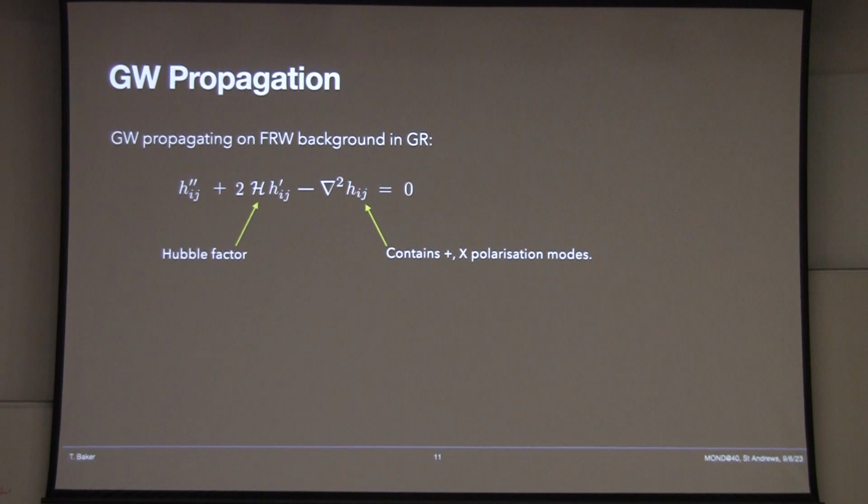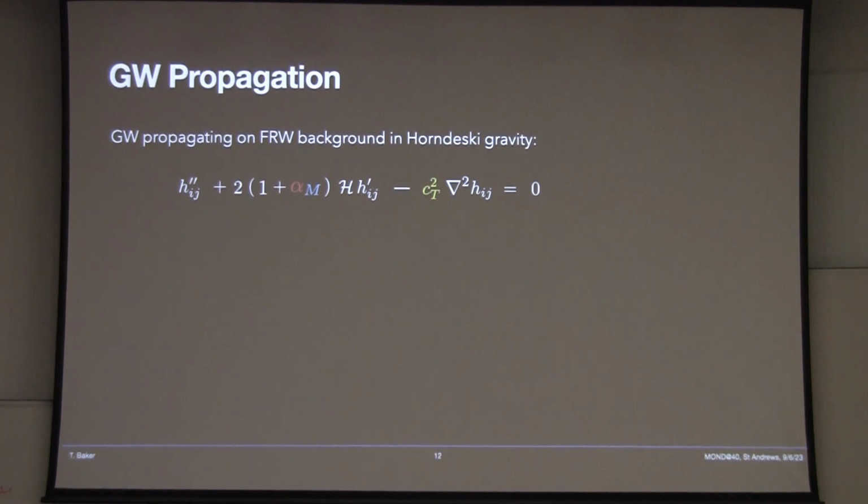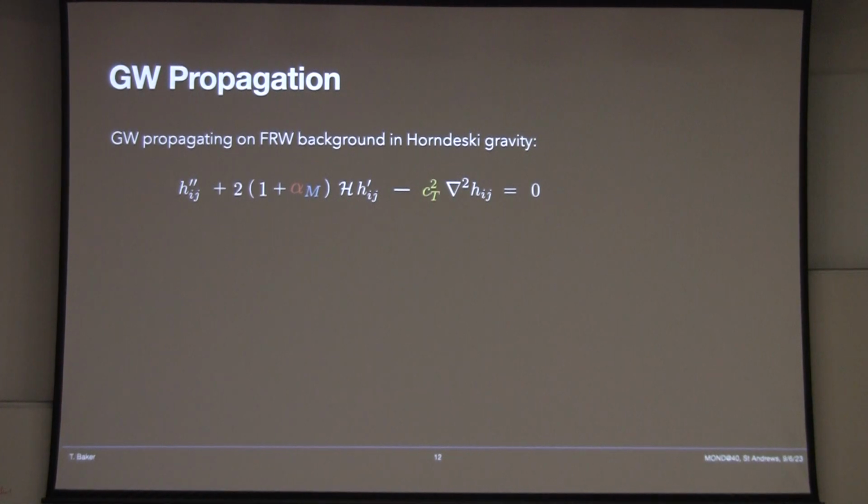What happens if instead our gravitational wave is propagating in our Horndeski family of theories? So we pick up two new factors in the equation. I've coloured them in. So the one over here we've spoken about already. That's the modified speed of propagation, CT. Okay, so that sits in here, but we've kind of done that.